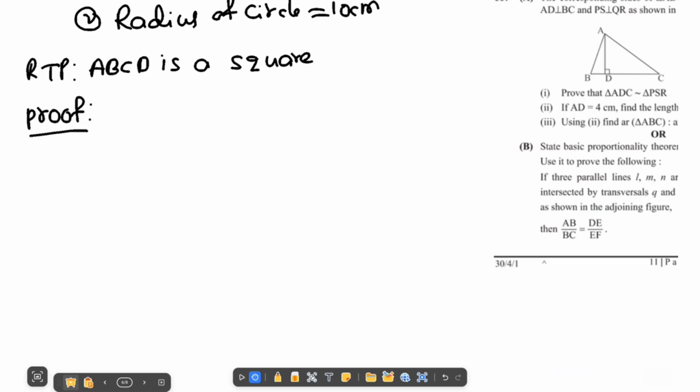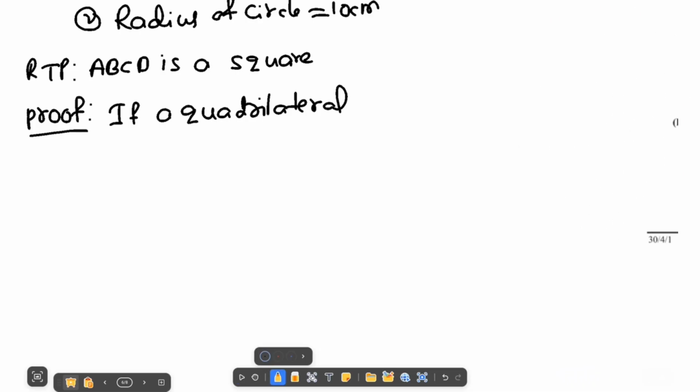So if a quadrilateral circumscribes a circle, any quadrilateral, then the sum of the opposite sides are equal.